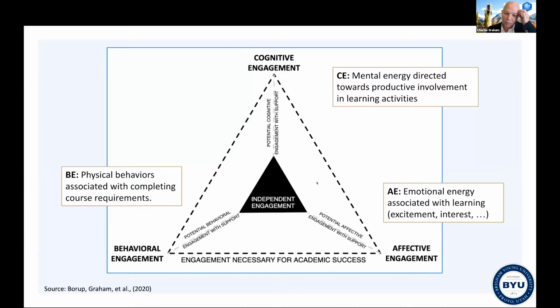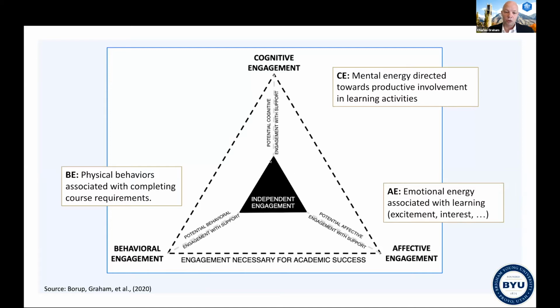So this is the framework. At the core of the framework is this idea of the student's ability to engage independently without support from others. And this dotted line around the edge is the engagement that's necessary for them to be successful academically.